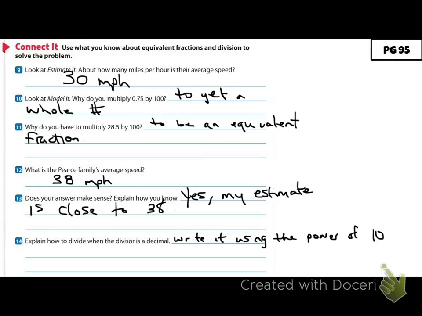If it's a 10th, multiply it by 10. If it's 1,000th, multiply it by 1,000. And that's only the denominator. And then you multiply it by the same one. So 10th by 10, 100th by 100, 1,000th by 1,000. And then you also do it to the numerator. And then divide normally.